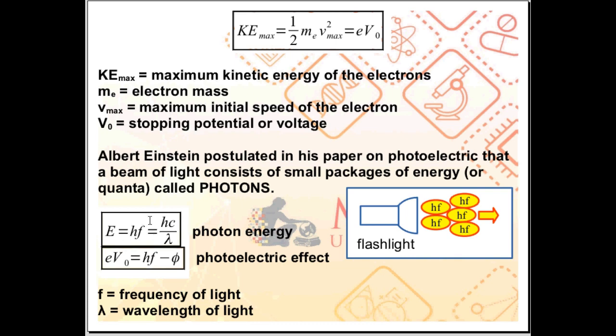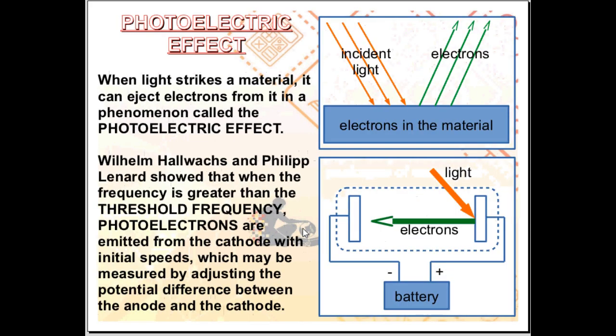E equals hf basically explains the observation by Hallwachs and Lenard that the incident light must be of sufficient frequency to induce the electrons into being emitted.